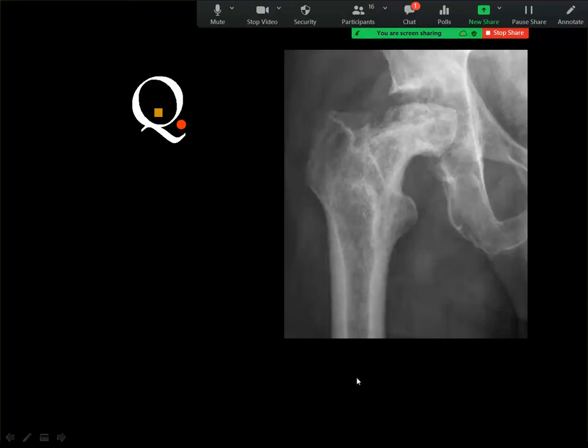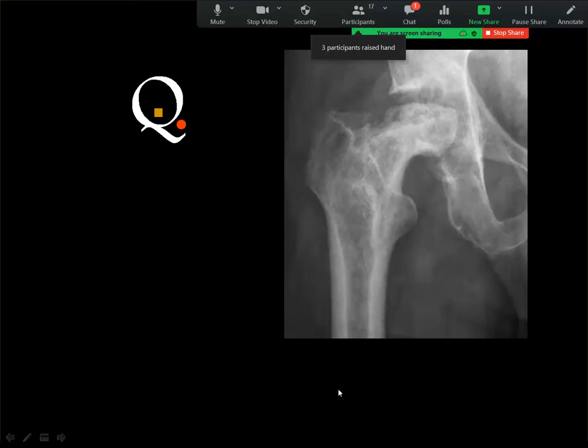Avascular necrosis of the head of the femurs. No? Other possibilities? Perthes disease. No. There are three participants who would like to answer.